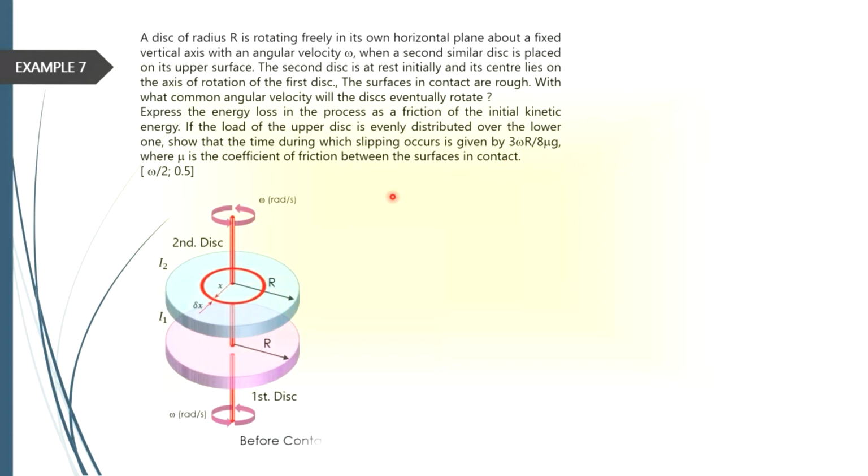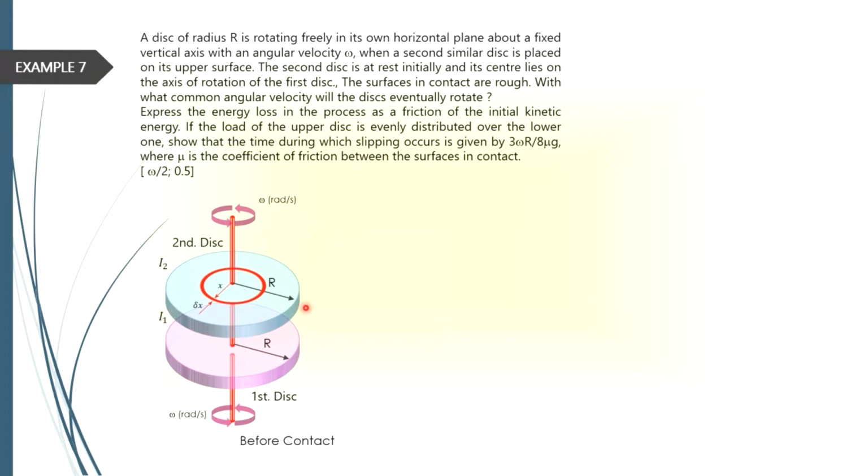So now we start off the question by drawing diagrams. I have drawn the diagrams here. This will be the lower disk, pink color, and this will be the upper disk, blue color. The second disk is initially at rest, and then finally it will be brought into contact.